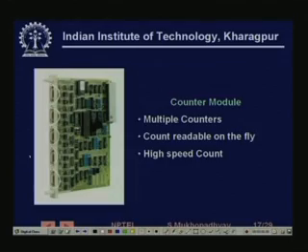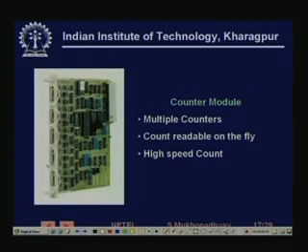On the other hand, it connects to the bus so that these signals can be read. The count is readable on the fly because it contains dual ported RAM and a high speed counter, so it is generally used for very high speed counts. One would have large registers and things like that.